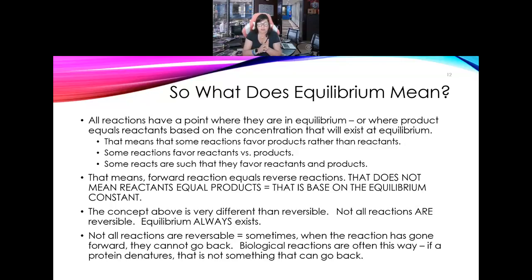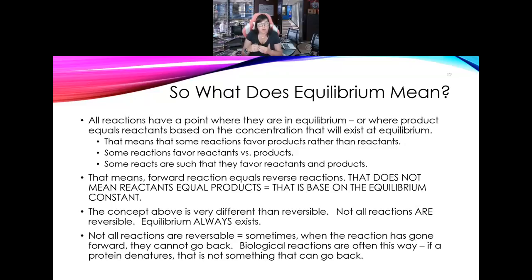And under a certain set of conditions, that always comes to what we call an equilibrium. So there is a fixed amount of product to reactant. That ratio is always the same, all right? It doesn't matter how much of each one I have, that ratio becomes the same. And it happens in a fairly rapid time.